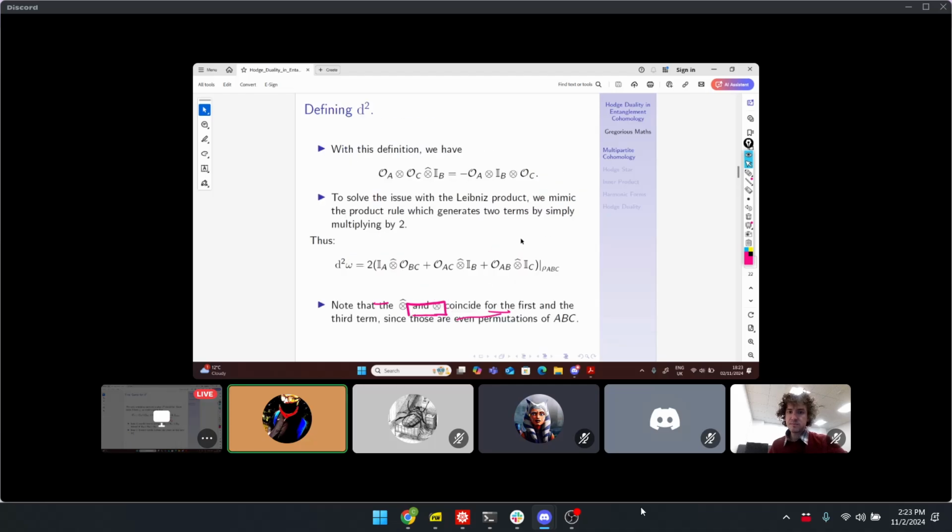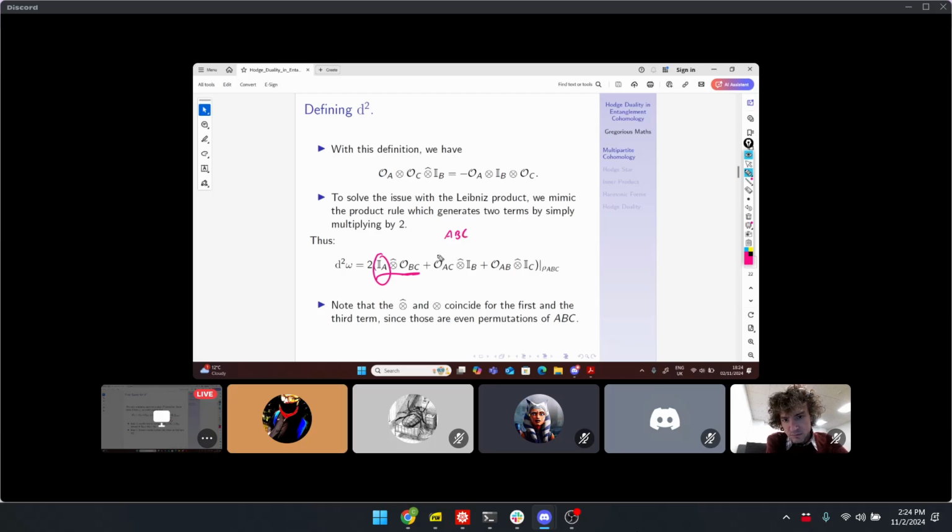So remember before how we had OBC times by IA. This is for D2, so we're now operating over systems of length 3. The only length 3 thing we have is ABC.